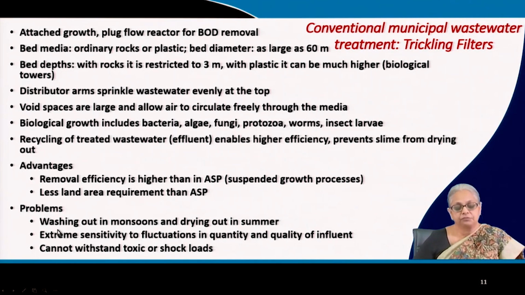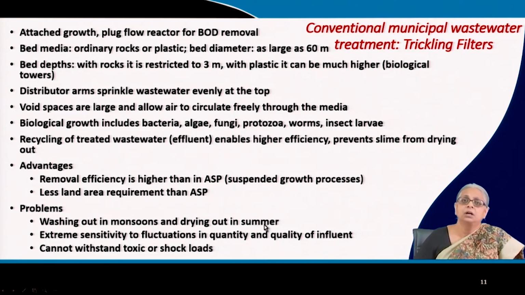What are the problems? The first major issue is the washing out in monsoon. Imagine you have a trickling filter and it's open to the atmosphere. When you have a thunderstorm and a huge amount of water in the form of rainfall comes in, it will wash out all the biomass that has been growing on the surface of the rocks and other media.